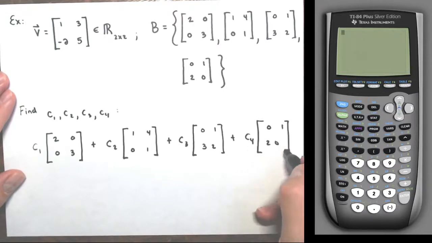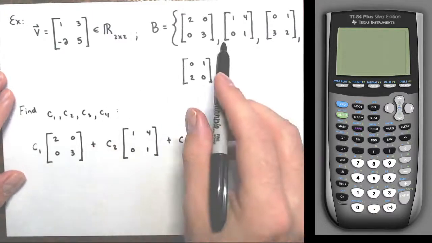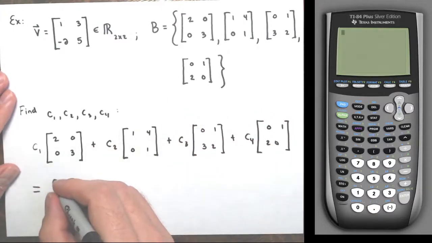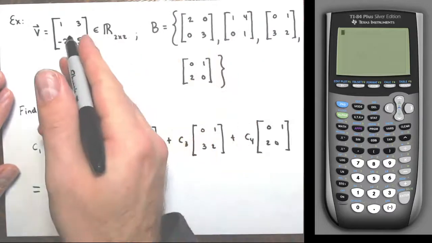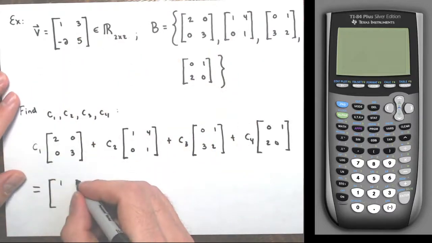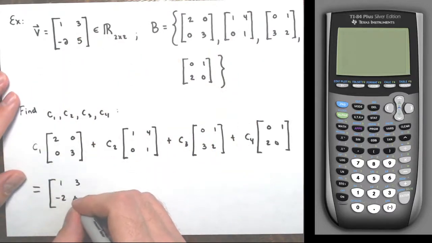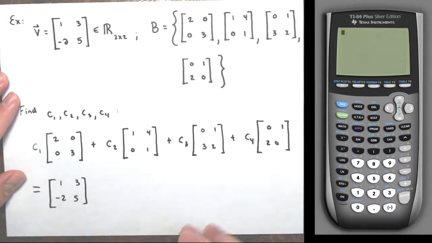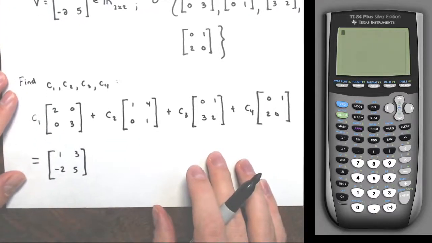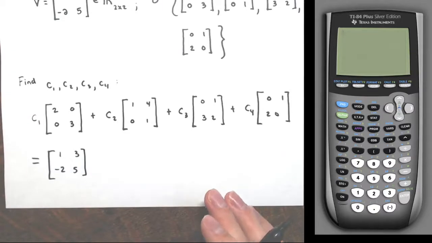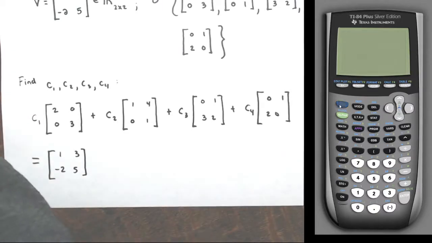This is a linear combination of all four basis vectors. I want that to equal the vector I was given: 1, 3, negative 2, and 5. Do you see how this would lead me again to a system of linear equations?